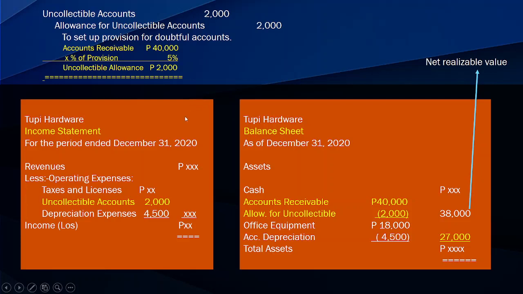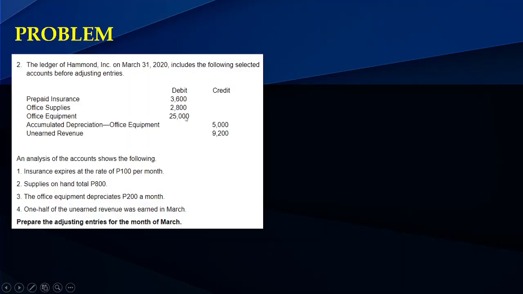Alright, so let us have this problem as given to you last week. The ledger of Hamad Incorporated on March 31, 2020 includes the following selected accounts before adjusting entries.